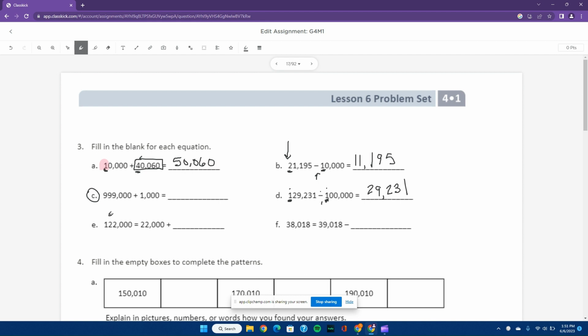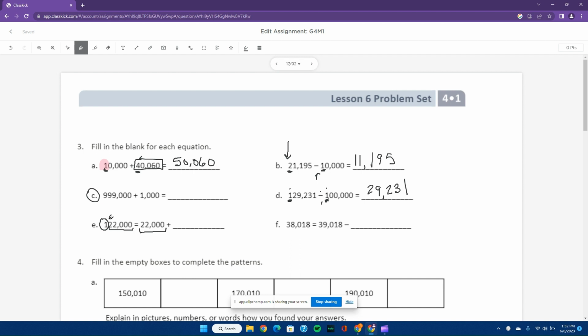Letter E says 122,000 is equal to 22,000 plus something. So what I notice between these two numbers here is that from the 10,000s place to the ones place, they're identical. The only difference here is this 1 in the 100,000s place.